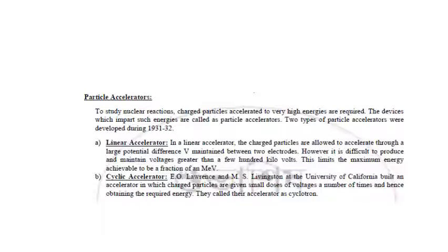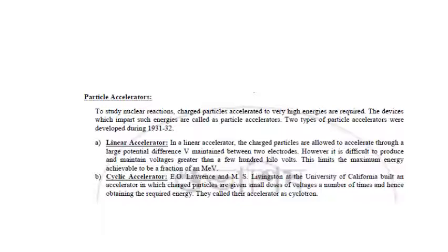In many applications, we need high energy particles, high velocity particles. If we want to perform many nuclear reactions, we want high energy particles. If we want to study what is happening in nucleus, then you have to bombard the nucleus with high energy particles.